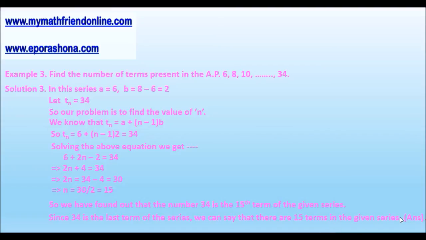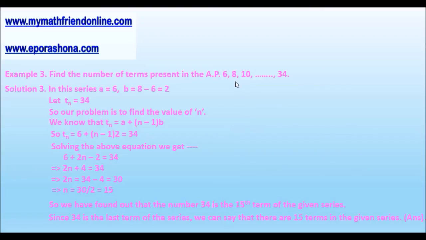Okay. So this is how we find how many numbers or how many terms are present in a finite series. Using this formula and equating the last number to this formula, we get the value of n, and we can say that that many numbers of terms are present in any finite AP.